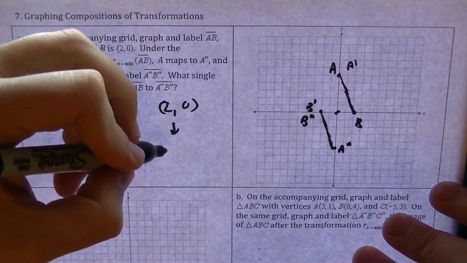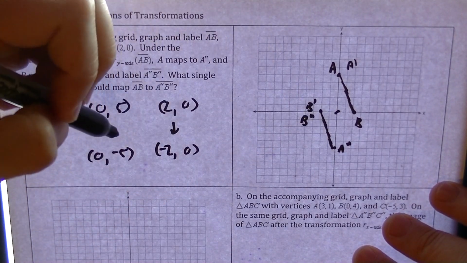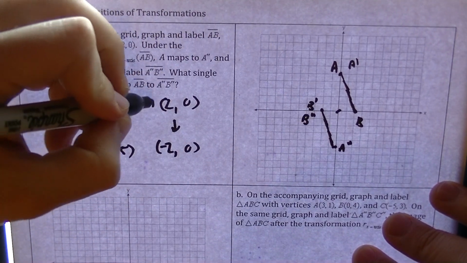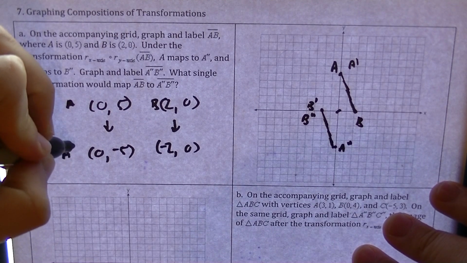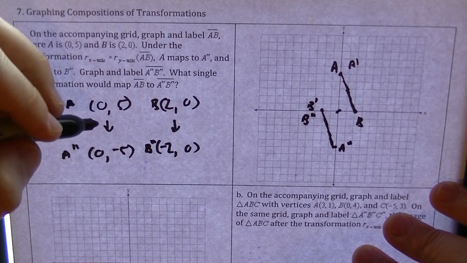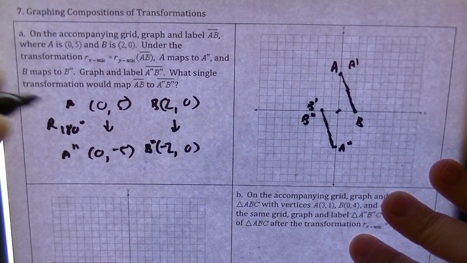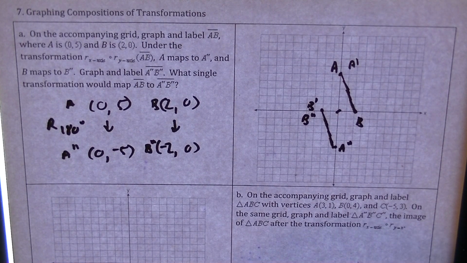And this would bring me to -2, 0, which is exactly what I have for A prime prime and B prime prime, except I did it in just one transformation, which was rotating 180 degrees. Whew. All right, let's keep going.